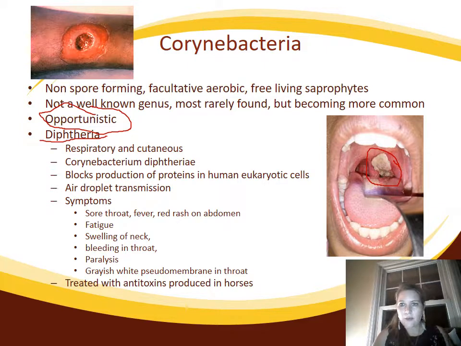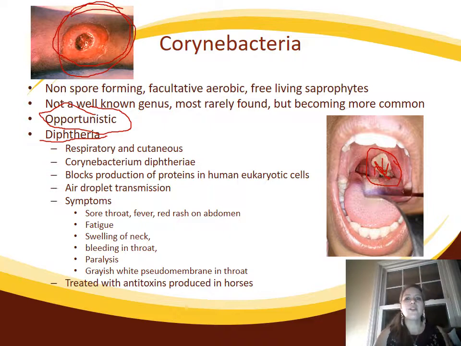This pseudomembrane usually will coat a good portion of the throat. You can see it's already starting to move over here to the uvula. And the really cool part about this is the cutaneous version of it right here, just causing that ulcer.